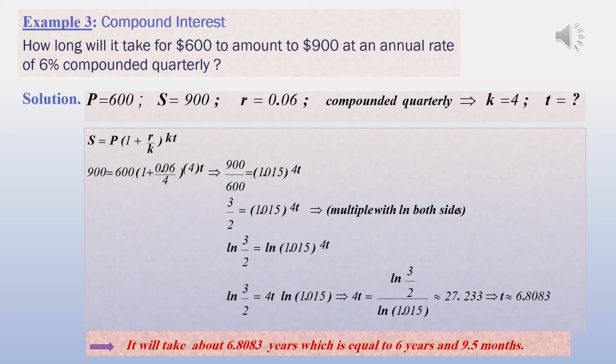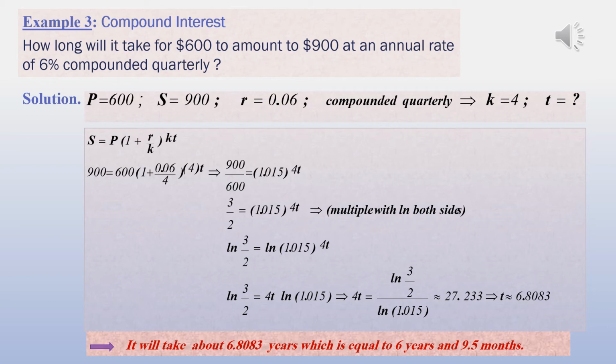We divide both sides by 600, so we have 900 divided by 600 equal to 1.015 to the degree of 4t. We simplify so that we have 3 over 2 equal to 1.015 to the degree of 4t.